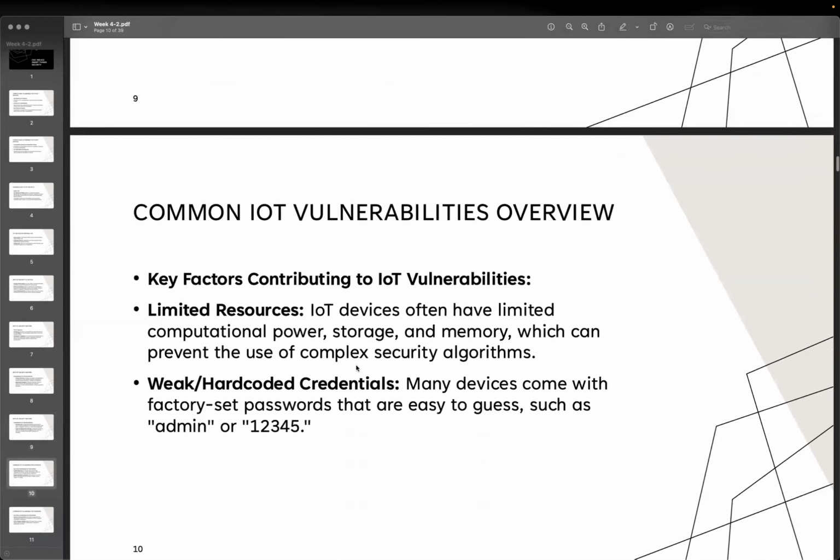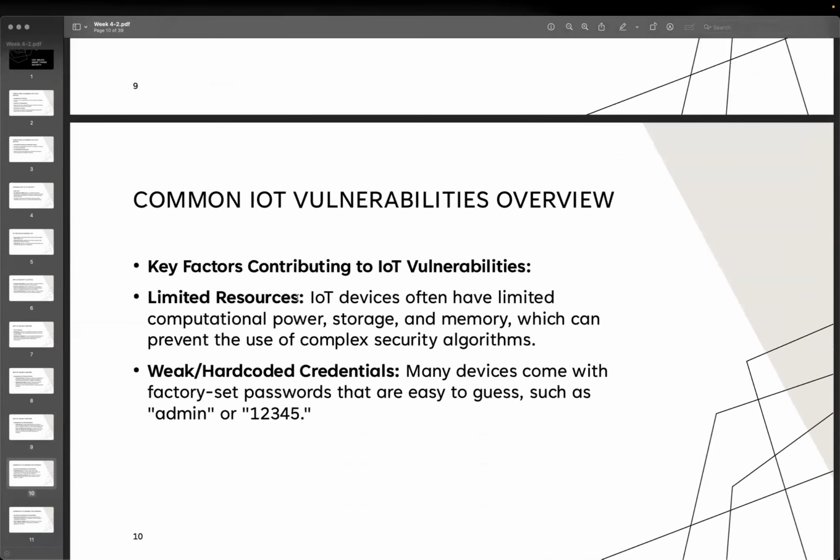Okay, and one of the key factors contributing to it is limited resources. We have limited computational power, storage, and memory, so it's really hard, because we cannot use really complex security algorithms to prevent attacks. Just imagine comparing a desktop, maybe your laptop, with a Raspberry Pi.